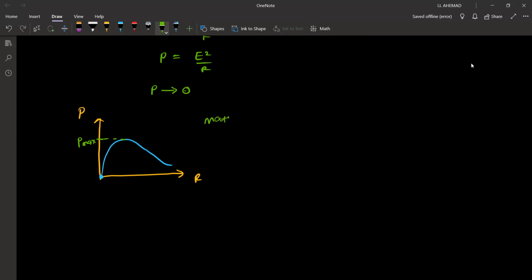Mathematically, it can be shown that P is equal to P maximum when R is equal to small r. So when the external resistance is equal to the internal resistance.